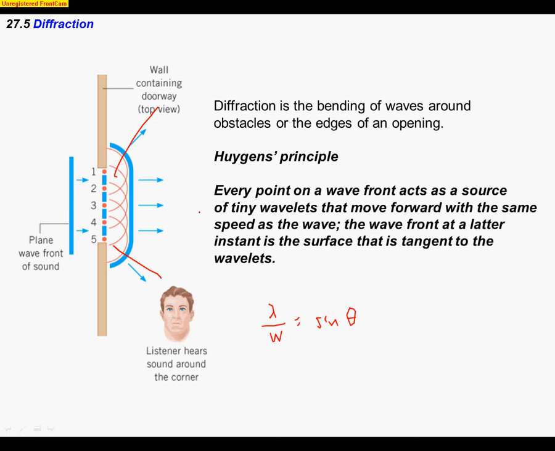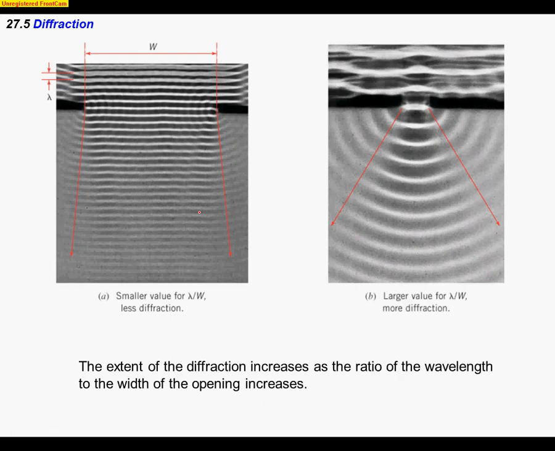Alright, now moving on to the other picture. This picture illustrates how for a smaller value of lambda over W, the wavelength divided by the width of the slit, you get less diffraction. You can see this is, I think, water waves in a tank, all produced with the same frequency, so they all have the same wavelength.